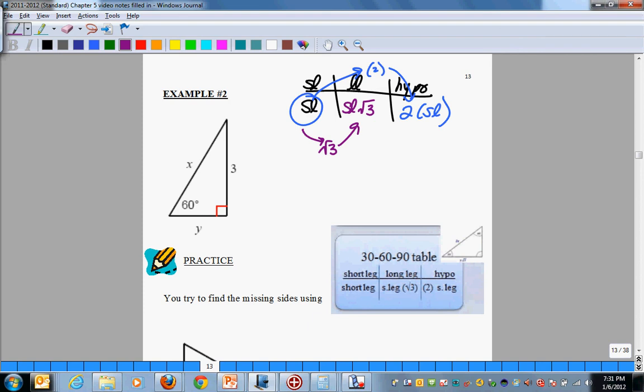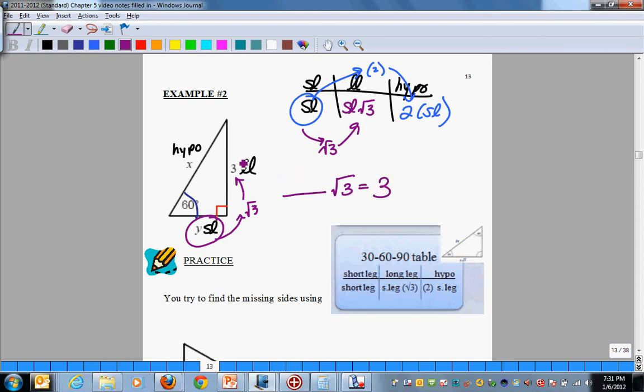So we look here and we see 3. We have to label here. 3 is in the long leg position. This is short leg and hypo. We know to get from the short leg to the long leg, we have to times by root 3. So we ask ourselves, what times root 3 gave us 3?